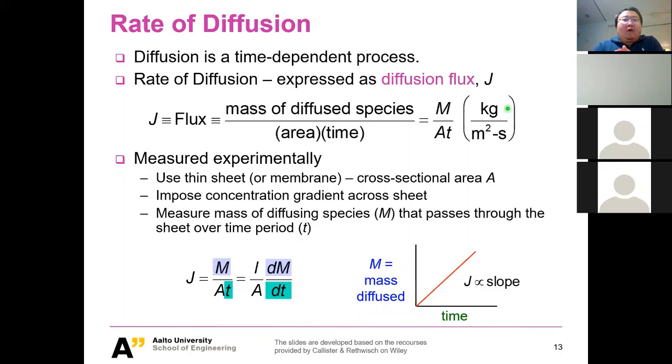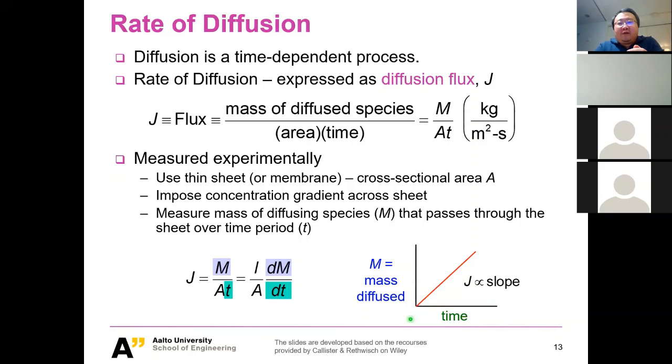All right, how do we measure this? Actually, to measure it is pretty simple. Especially for interdiffusion, you use a thin sheet or membrane to separate your material A and B, and then you measure how many A go to the B places, or the change of the mass from A to B, and then calculate this versus time.